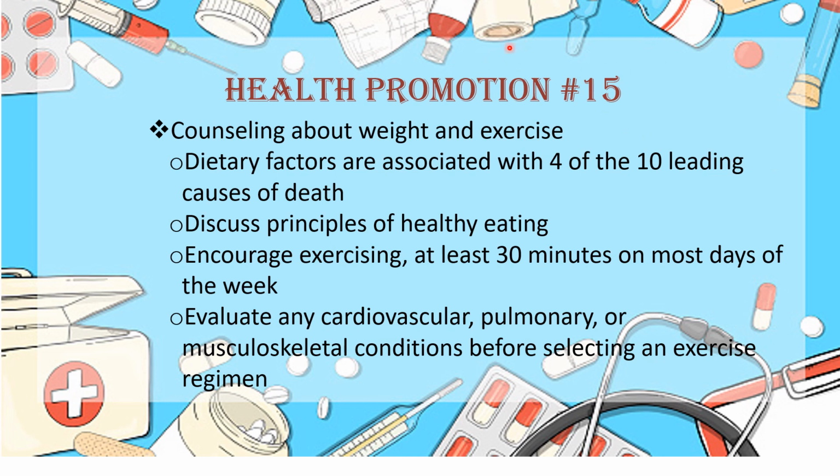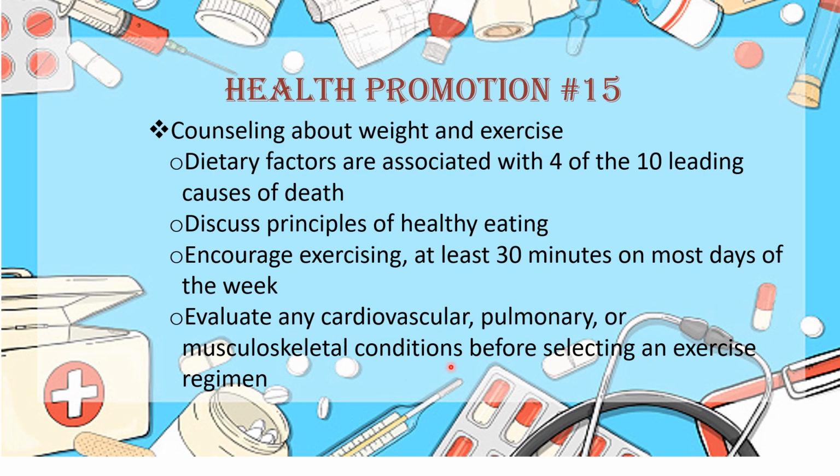Okay. So, to continue with our health promotion, on counseling about weight and exercise, dietary factors are associated with 4 of the 10 leading causes of death. So, you have to discuss principles of healthy eating, encourage exercising at least 30 minutes on most days in a week.